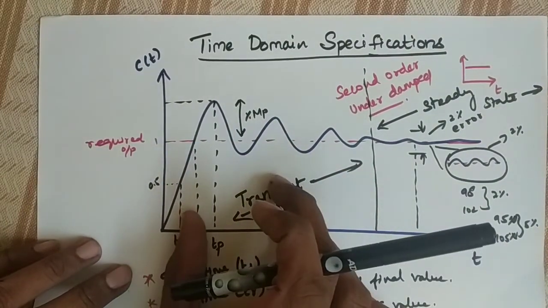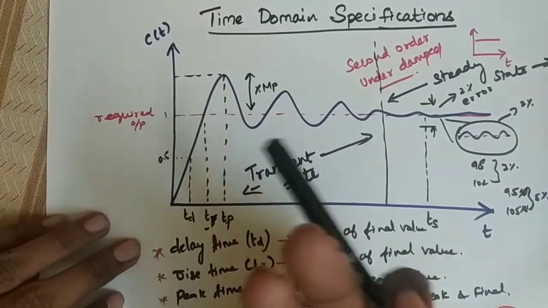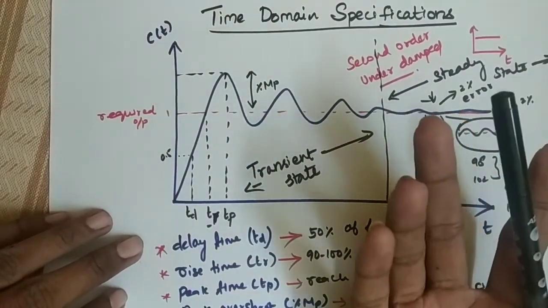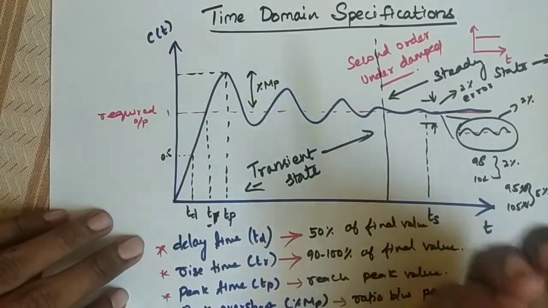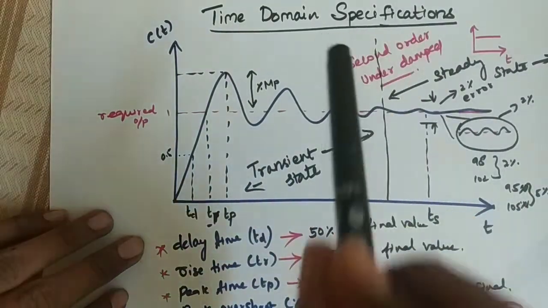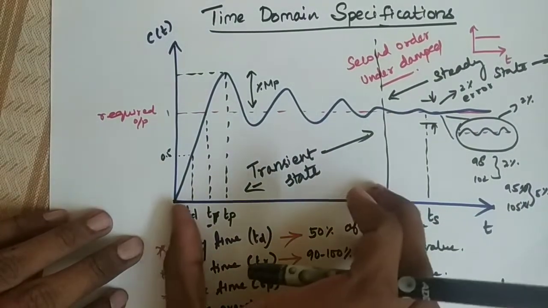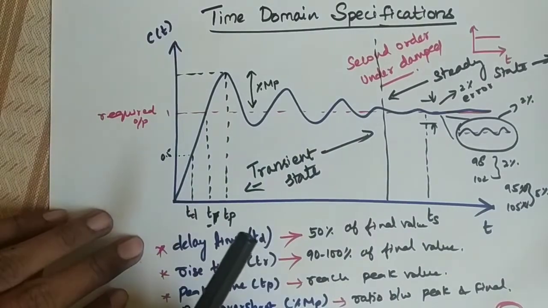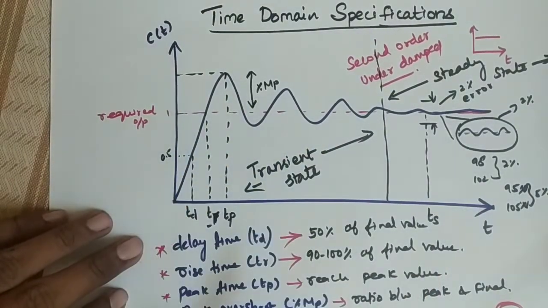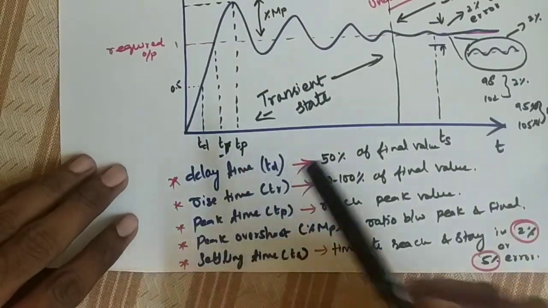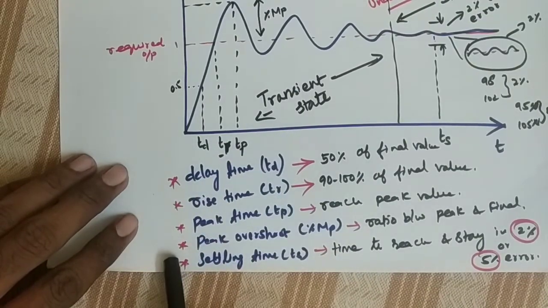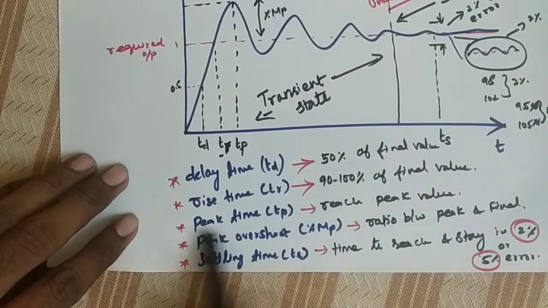How to reduce the response? We need to find some parameters. If you control the parameters, the transient state may be minimized. So find the delay time, rise time, peak time and peak overshoot. Peak overshoot is a very important term.